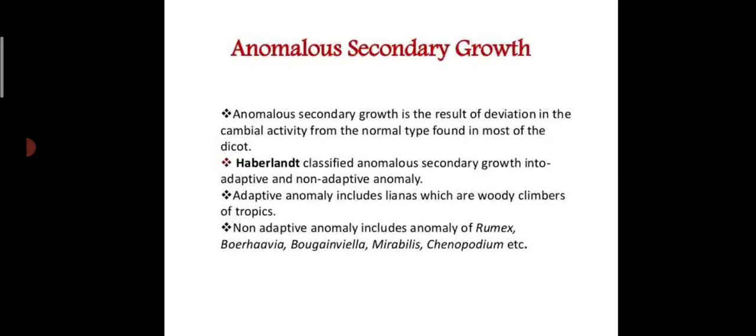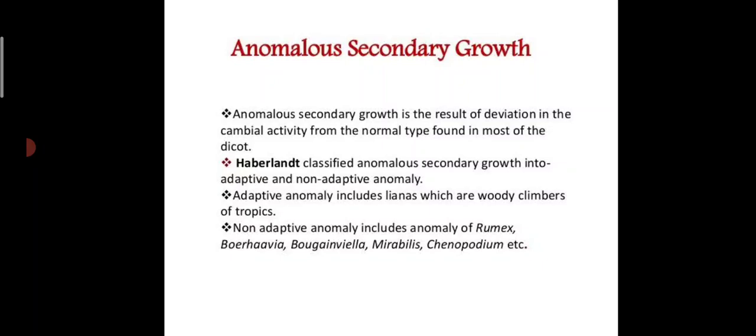Before that, we should know that the primary structure of some monocots and dicots exhibits anomalies, and those anomalies may persist throughout their entire life. And apart from that, in some cases they show abnormality in their secondary growth, and that is because of some reasons.